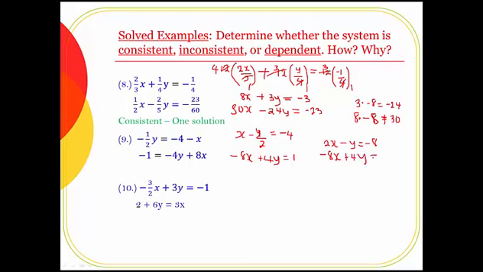What will you do to 2 to give you negative 8? You multiply by negative 4. 2 times negative 4 is negative 8. Now, because this is negative 1y, if you do negative 1 times negative 4, you will get 4.